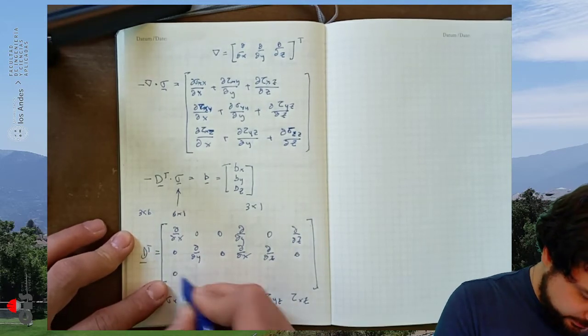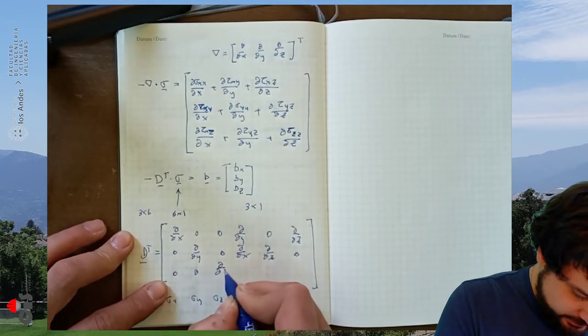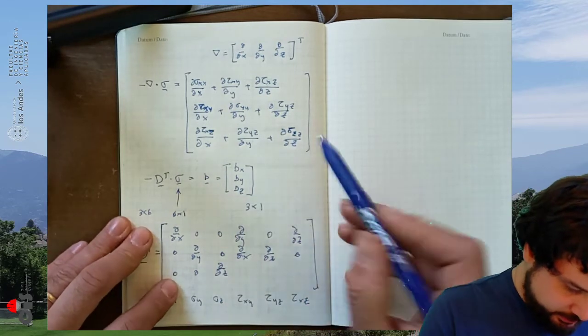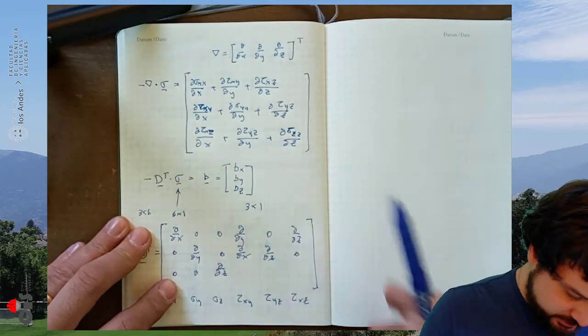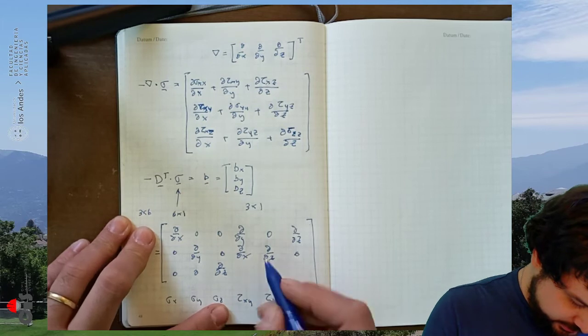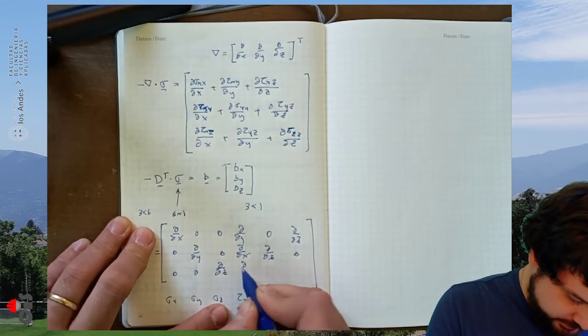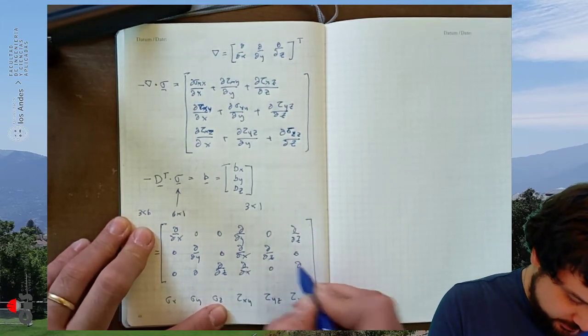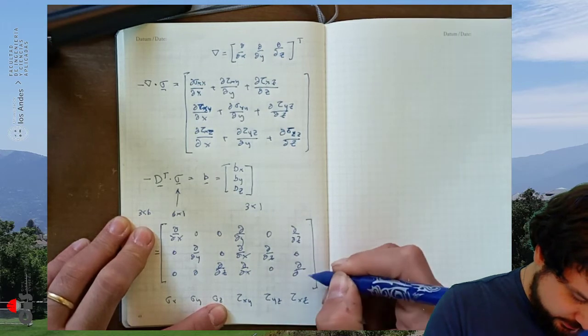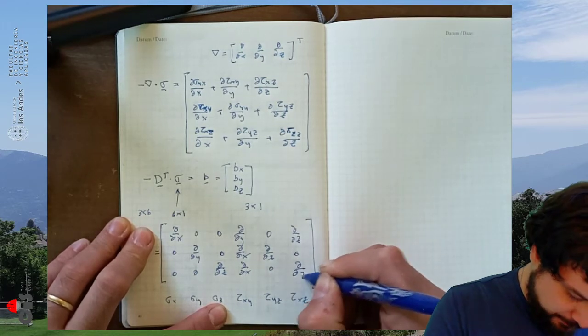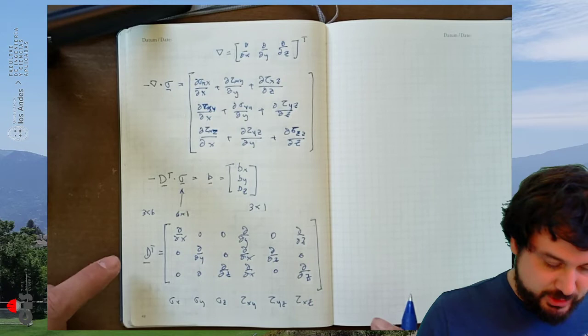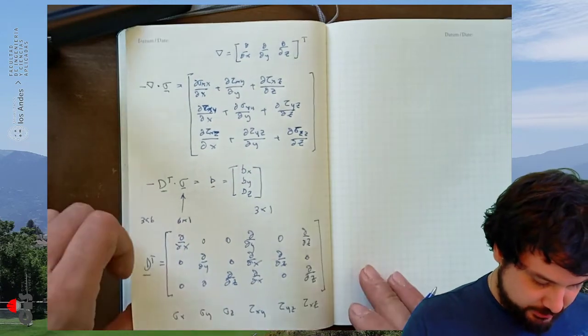And finally I'm getting d dz, and then the other two involved are yz and xz. So this one is d dx, 0, d dz. Okay, so that's our D transposed operator.